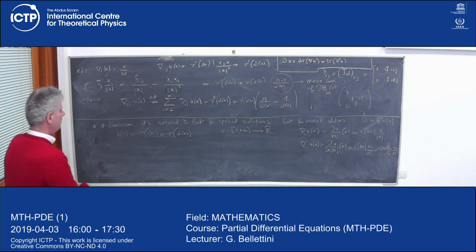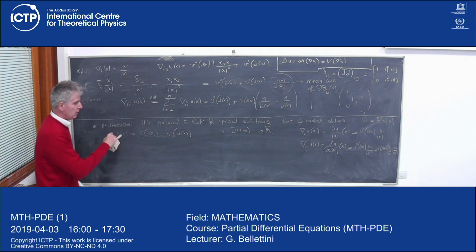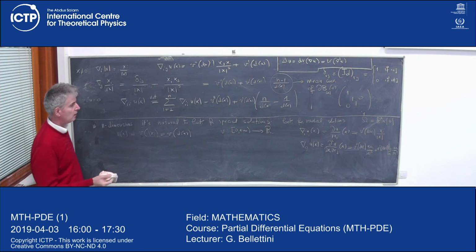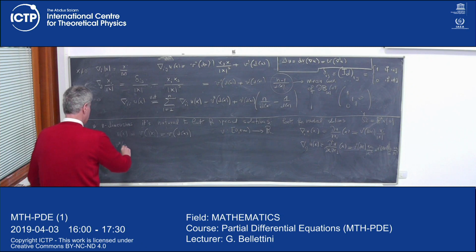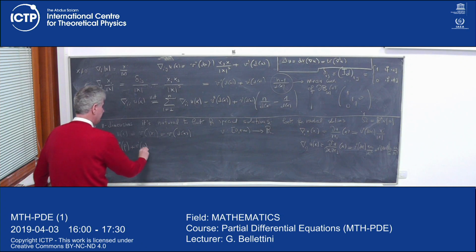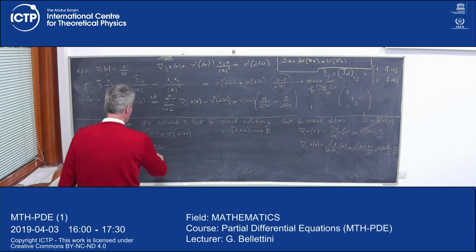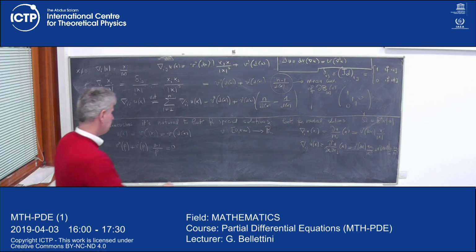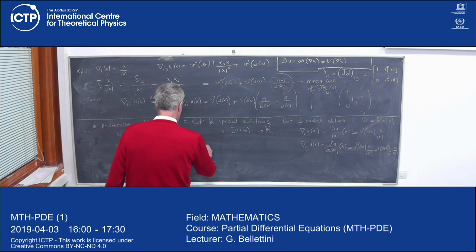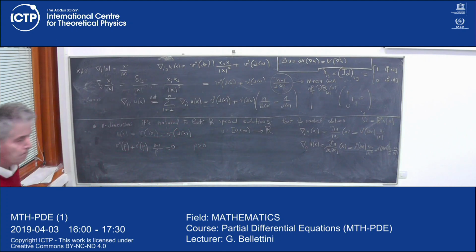So if we are looking for a radial solution, this means that we look for a v in C2, satisfying v second of rho plus v prime of rho multiplied by n minus 1 over rho equals 0, and rho must be positive, because we have excluded the origin.